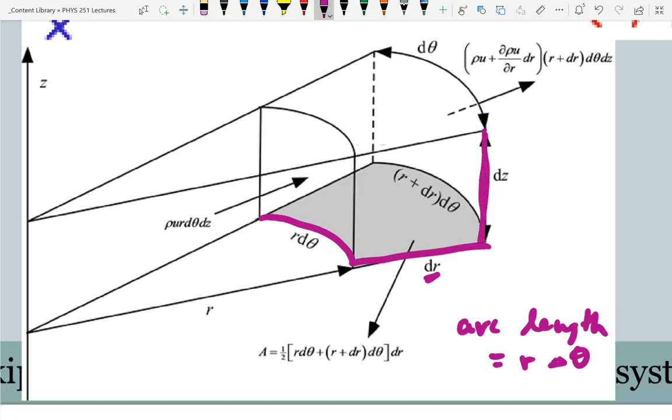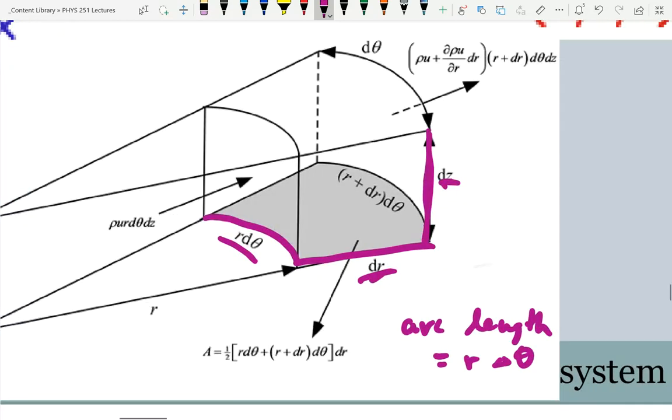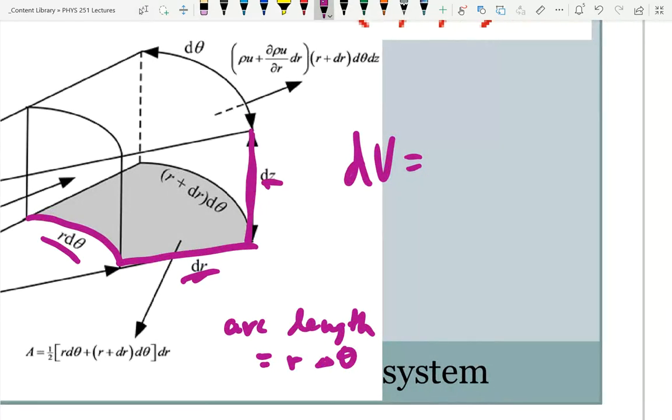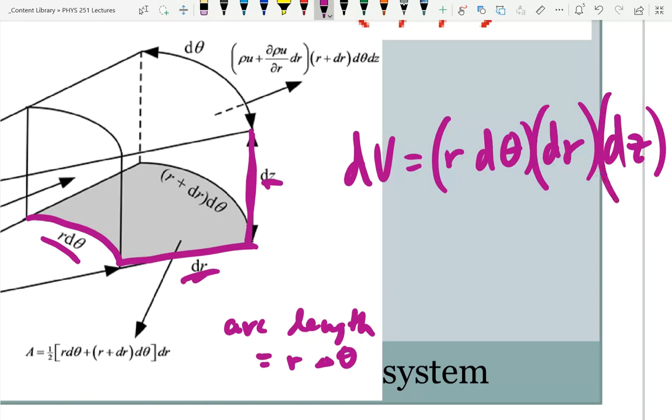So if we're in the limit of very small d theta, what we have are three sides of a rectangle, or a rectangular prism. And so the volume of this is going to be this times this times this. So we just have dV is equal to r d theta was one of them, dr was the next one, and dz was the last one. So those are the three sides, and that's how you get the dV.